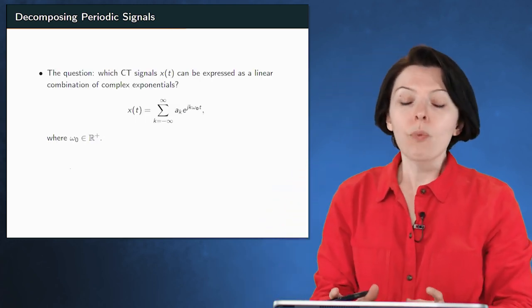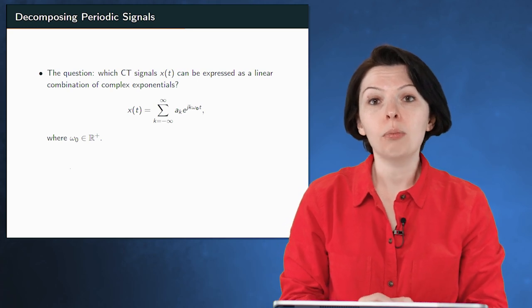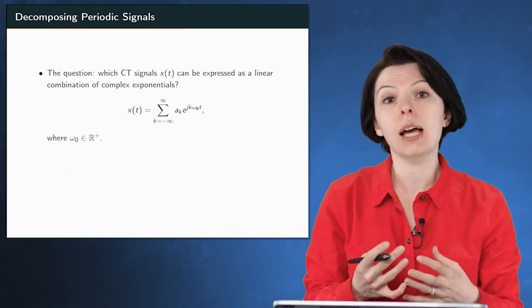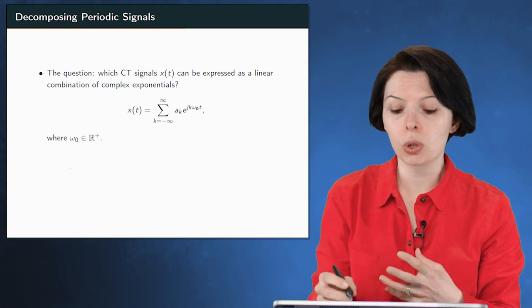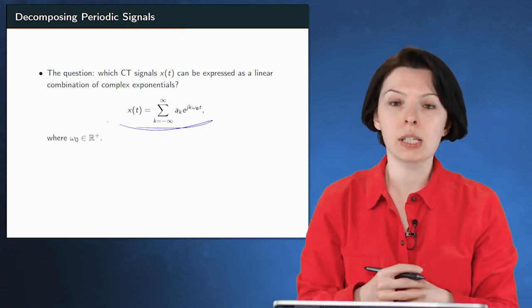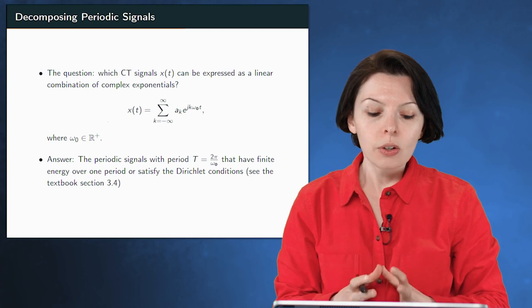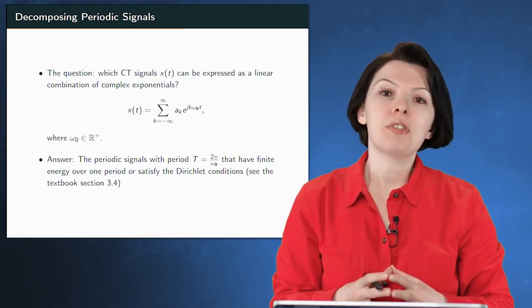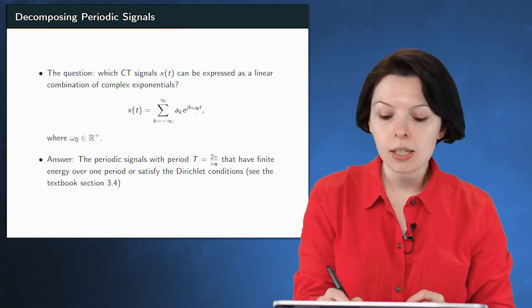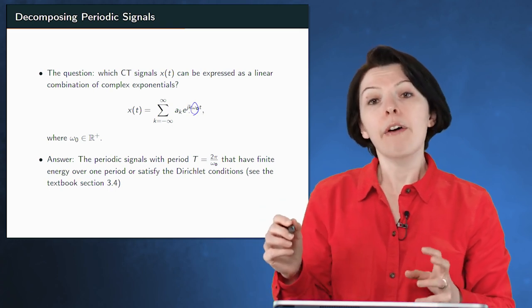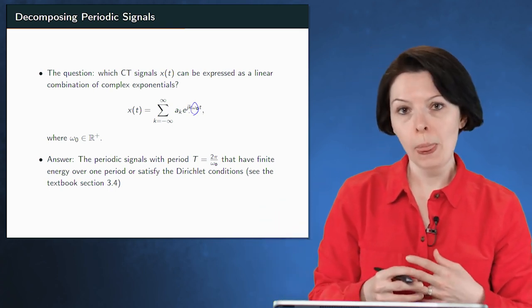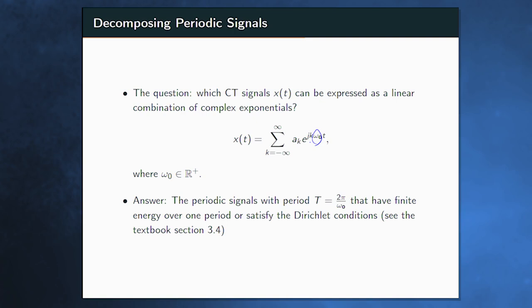Which continuous time signals can be expressed as a linear combination of complex exponentials? For what signals can we write this expression? The periodic signals with period T equal to 2 pi over omega naught that have finite energy over one period, or the signals that satisfy the Dirichlet conditions, we can write x of t as a summation of scalar factor a k multiplied by e to the j k omega naught t.